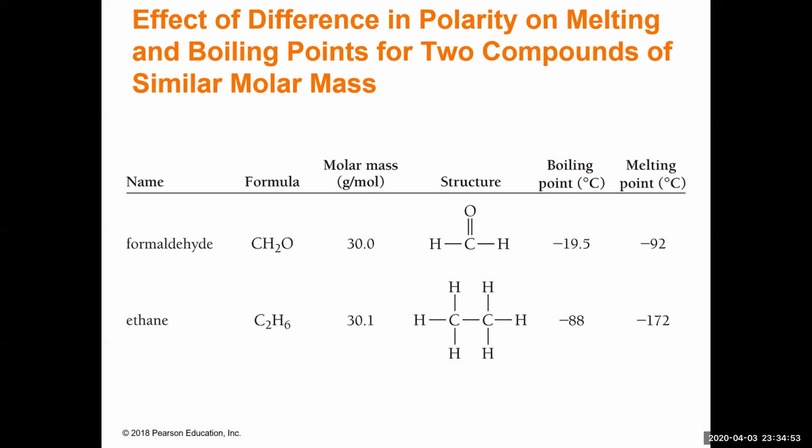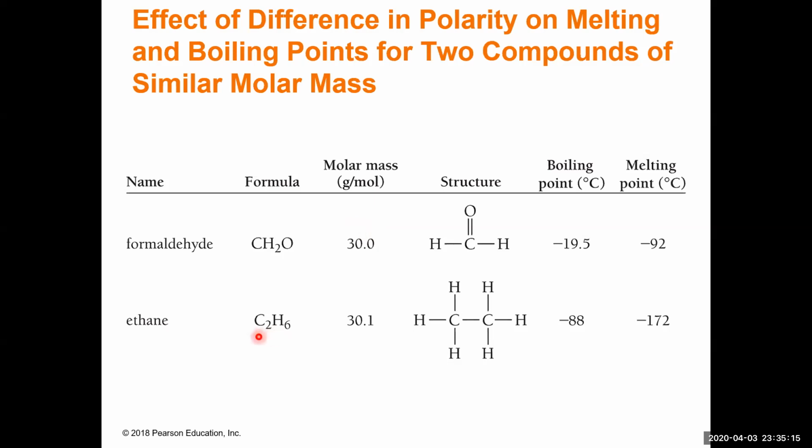So here we can see the effective difference in polarity on melting and boiling points for two compounds of similar molar mass. Here we have formaldehyde, which is a molecule that we saw in the last slide. And then we also have ethane. These have similar molar masses of about 30 grams per mole.